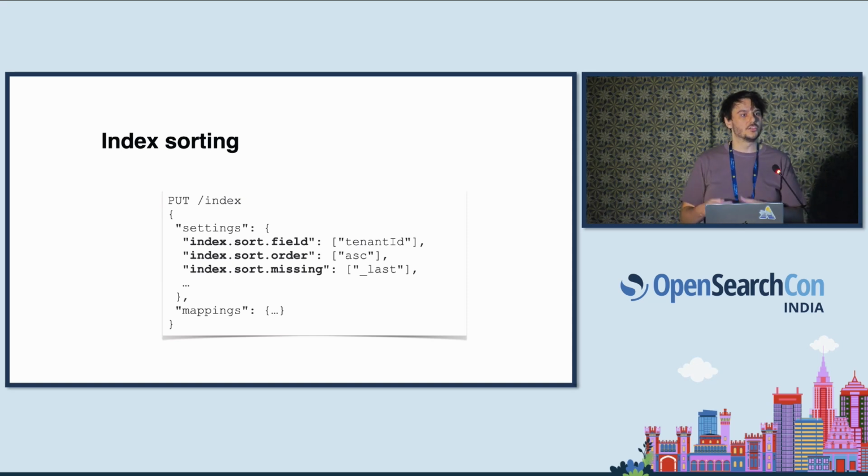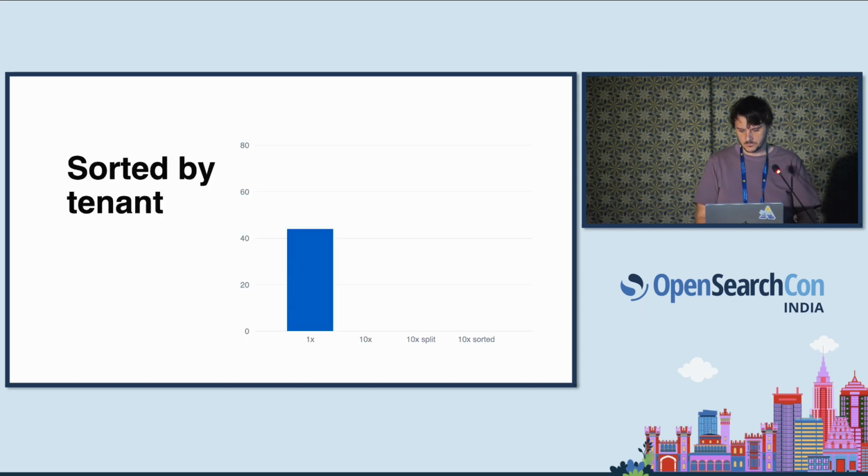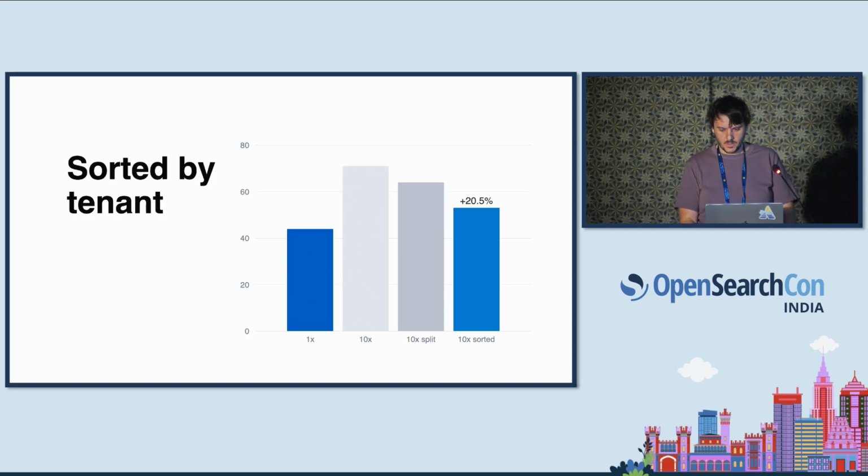Index sorting allows you to change that so that upon merge of, say, the segment files within an index, it will rearrange those documents so that they are in accordance with the index sorting. So in our case, we looked at adding the tenant ID as one of the sorts. And we managed to get the overhead down to about 20% in our scenario, which was a major improvement from where we started.